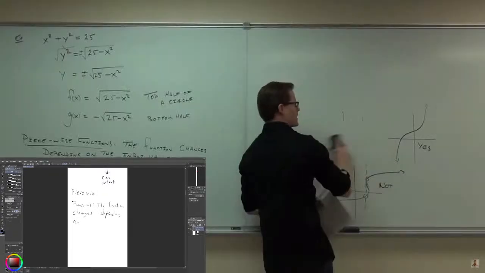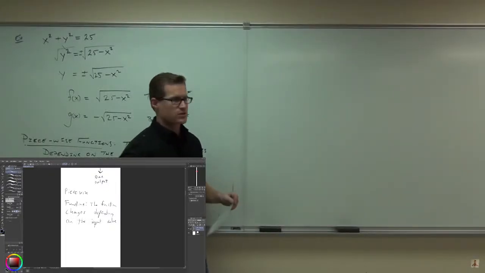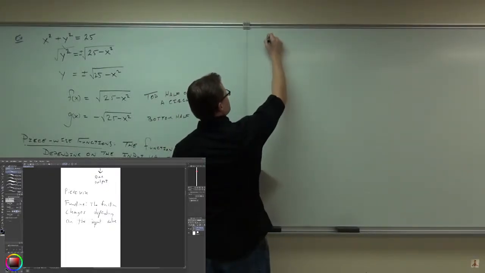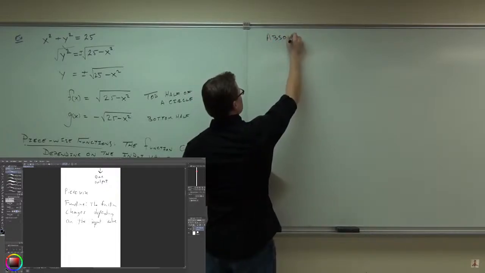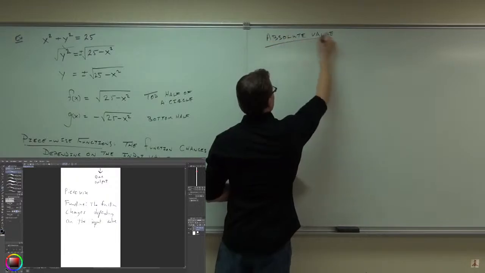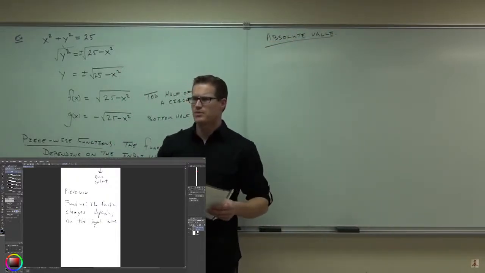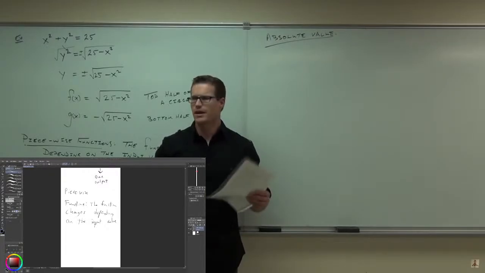The most simple one I can think of, and this is really a simple one that people introduce piecewise functions with, it's one you've been dealing with probably since like 6th, 7th grade. It's the absolute value function. What's the symbol for absolute value? What do you do with that? Bars. Yeah, those vertical lines.